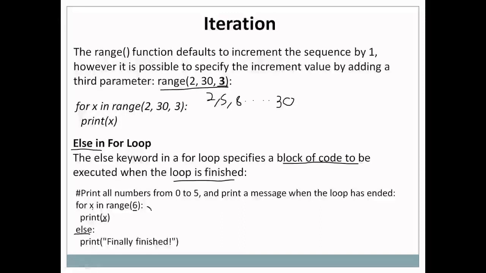When the for loop ends, it goes to the else statement, and the statement present in the else part will be executed. Here we have only one statement, that is finally finished. So the output of this example is the values 0, 1, 2, 3, 4, 5, and lastly it will print a message that is finally finished. Okay, this is how we can use else in the looping statement in Python.